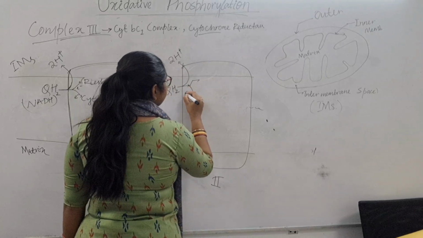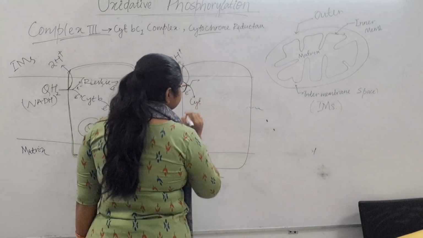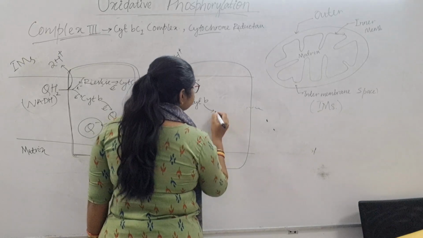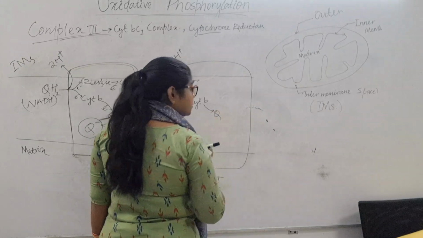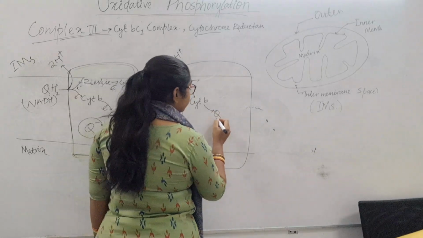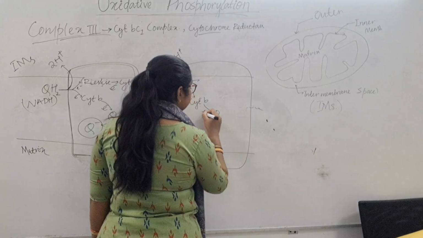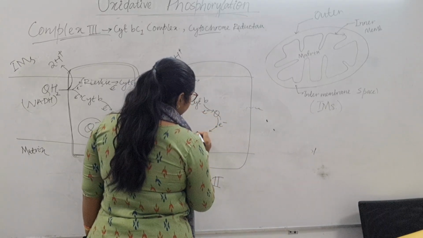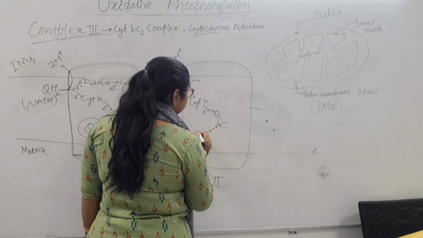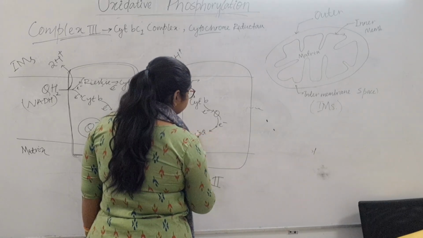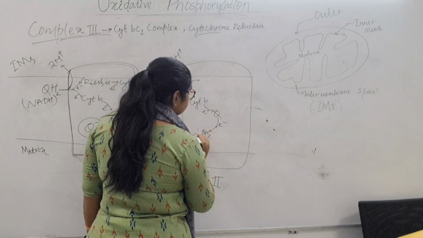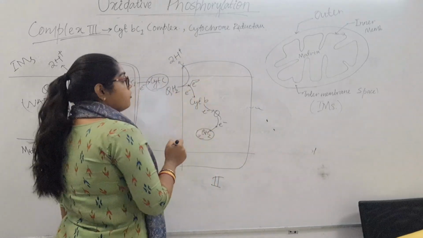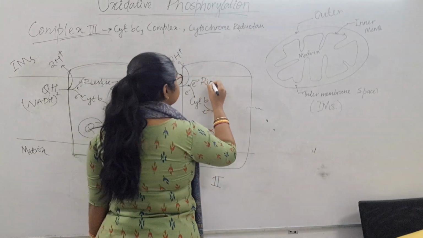One electron will go to cytochrome B. From cytochrome B it will go to the quinone, and here it will produce ubiquinol.